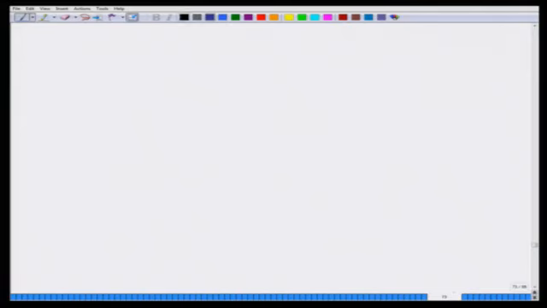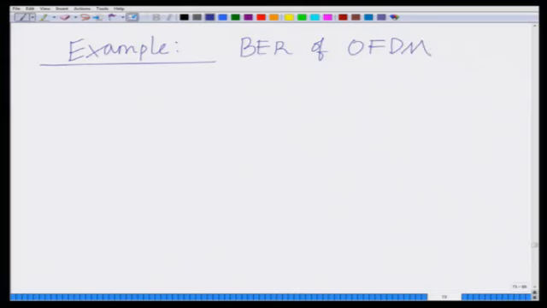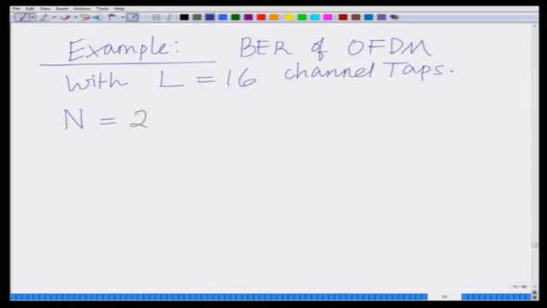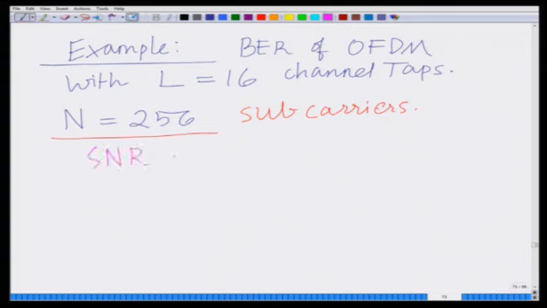Let us do a simple example to understand this bit error rate. We want to calculate the bit error rate of an OFDM system with L equal to 16 channel taps, n equal to 256 subcarriers, and SNR equal to 35 dB.